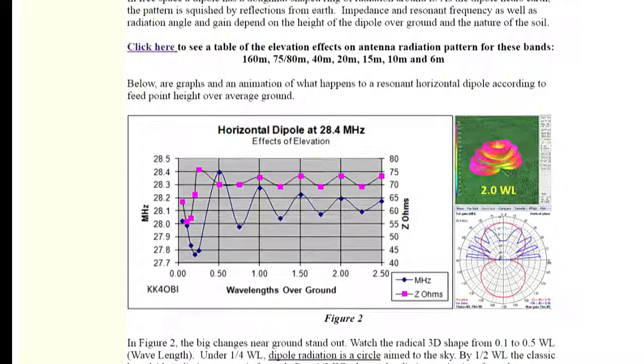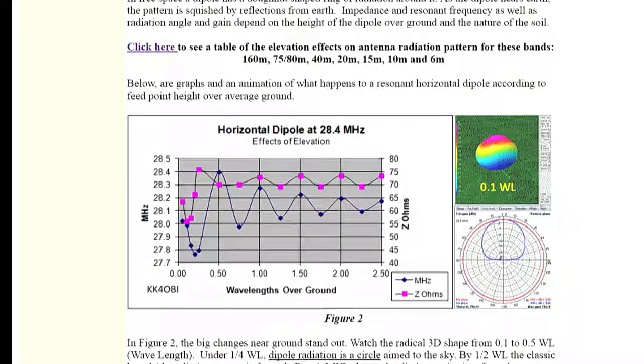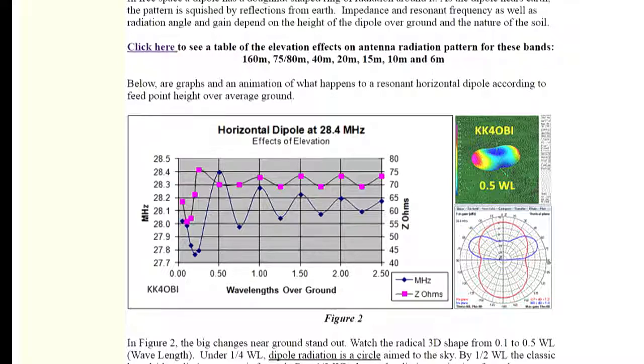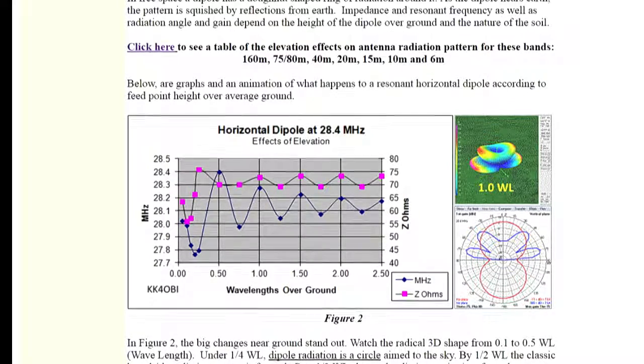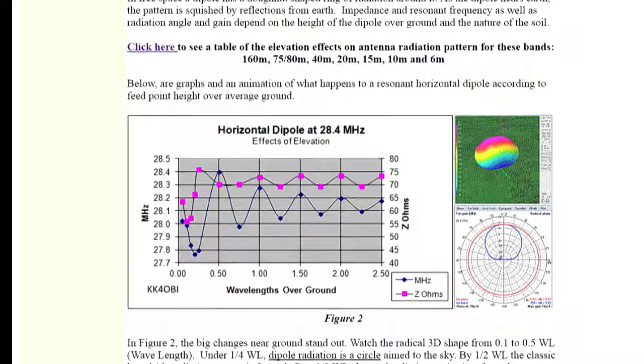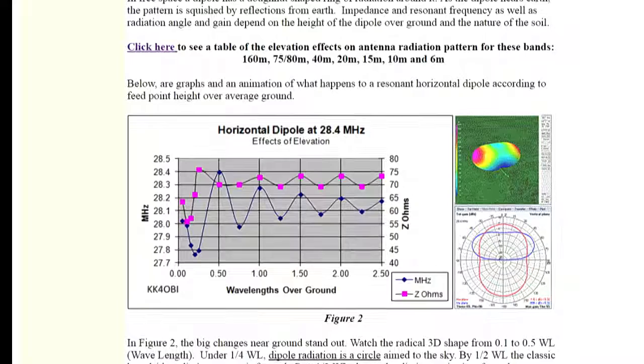You get down to about 55 ohms, it says right there, and that's a decent match for coax. And you can see also that the frequency has gone down quite a bit. That means you have to lengthen it. Every time you take a dipole and mess with it, you raise the frequency because you're shortening it. And right there, by moving it up and down, you're doing the same darn thing.